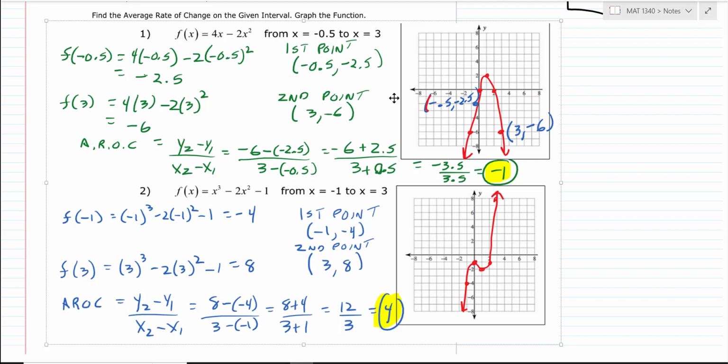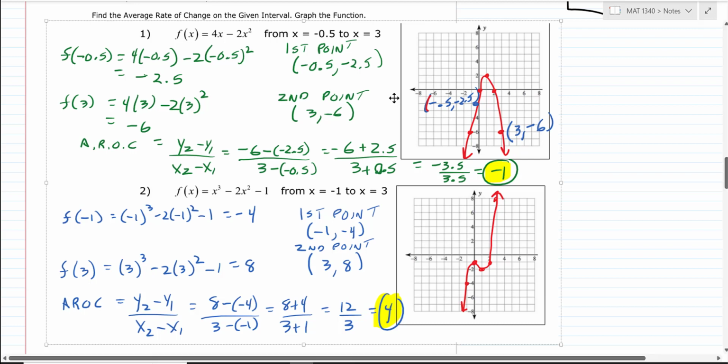You end up getting the two points, negative 0.5, negative 2.5, and 3, negative 6. If you don't get your evaluation right, you don't get those y values right, and you're going to struggle to get it right. So what I chose to do was negative 6 minus negative 2.5, and then 3 minus negative 0.5, like that.